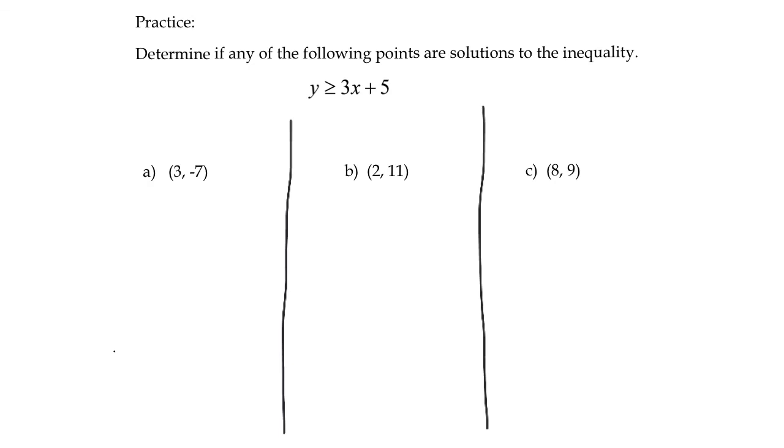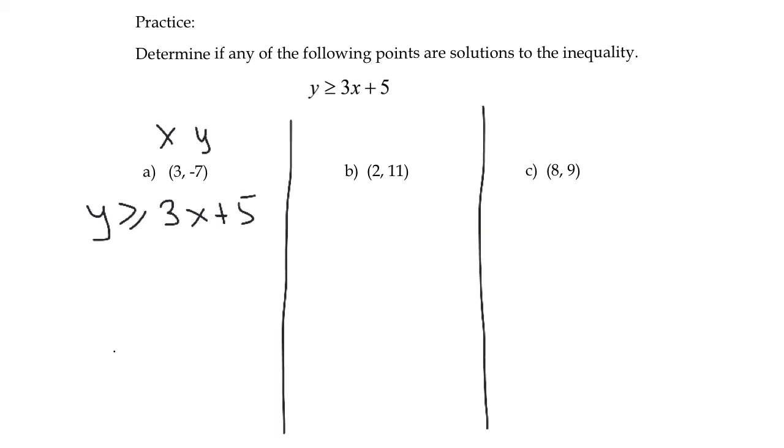So practice. Determine if any of the following points are solutions to the inequality. Let's start with question A. x is equal to 3 and y is equal to -7. So I will substitute into y is greater than or equal to 3x plus 5.